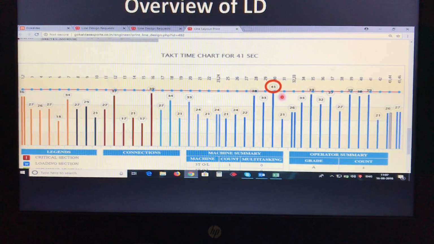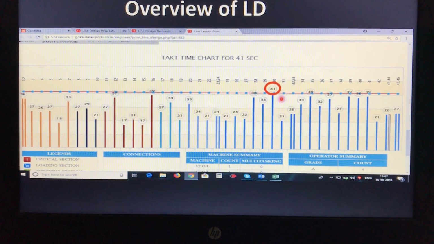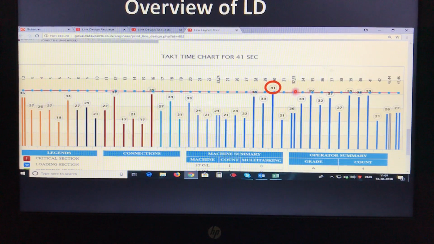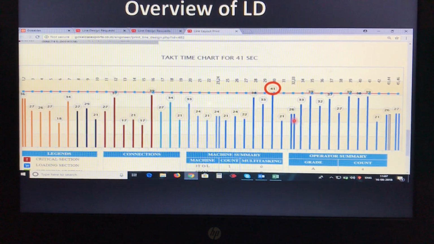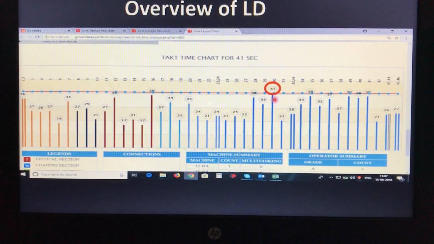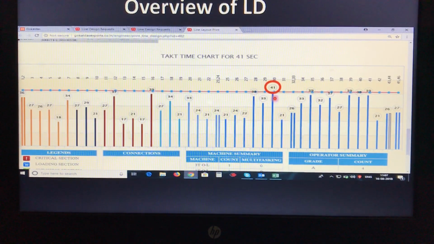Anyway, we'll come to that a little later, but it's important to understand how line design actually works. It has takt time, it has certain balancing happening, and there is always a bottleneck. So this is about line design.